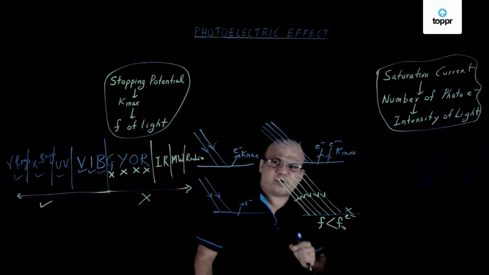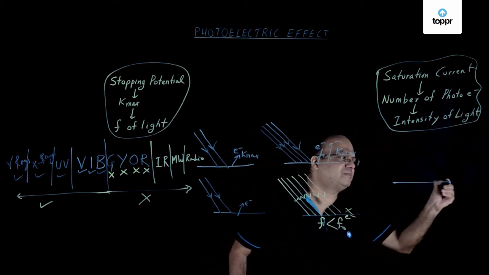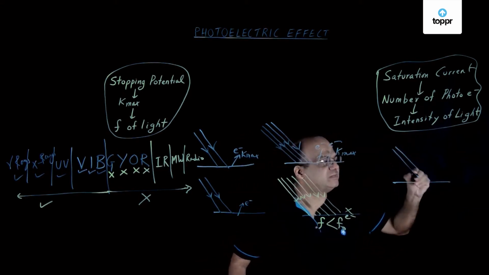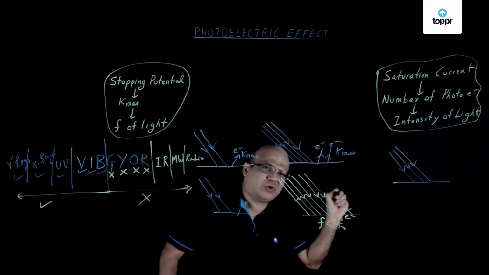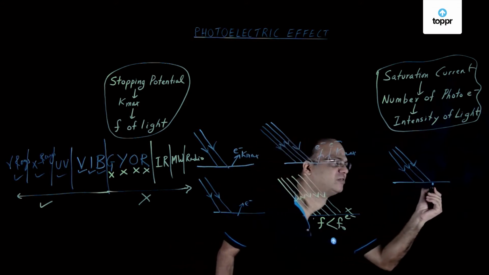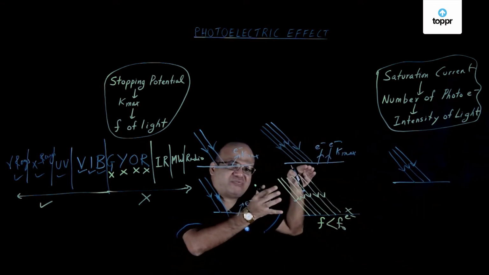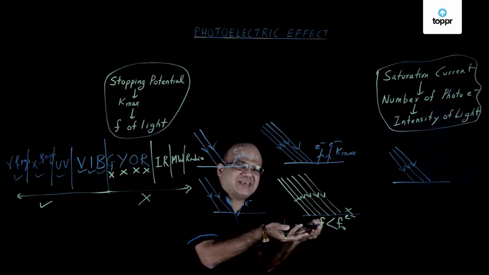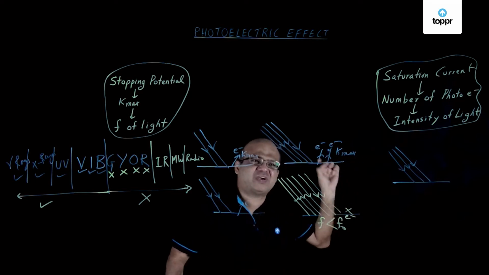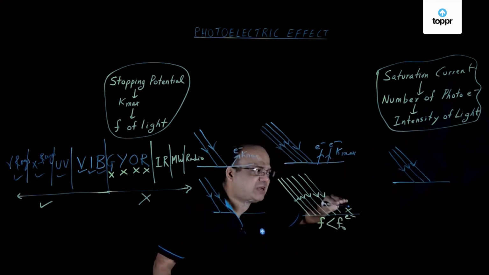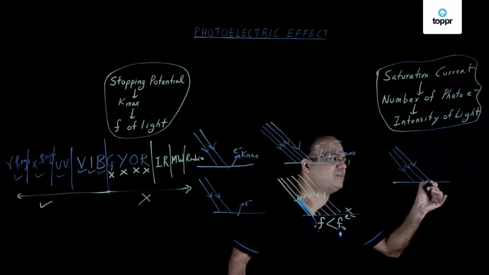Now let us look at the third problem. This is that same metal surface. Blue light is falling. How much blue light can actually hit one electron? Even if the electron is able to absorb energy from nearby areas, how much can it actually absorb? The electron is very small. So it should take time to absorb the required energy, and only then can it come out. It cannot come out immediately.